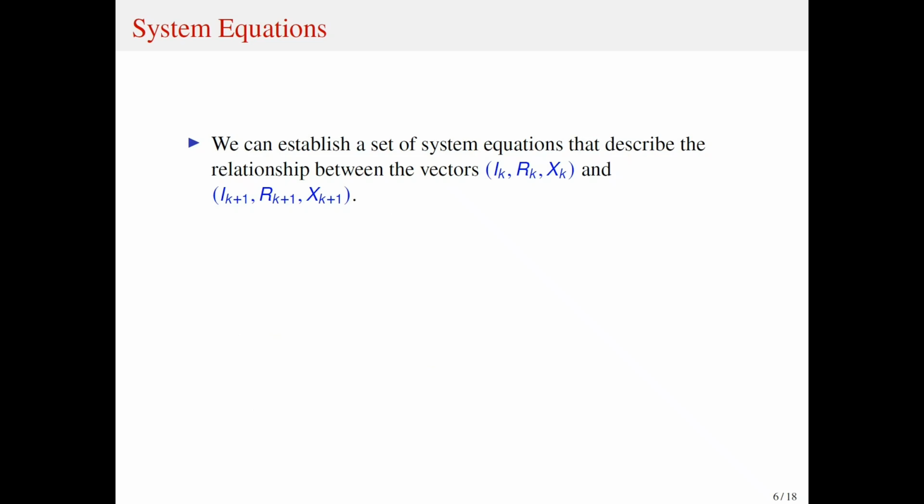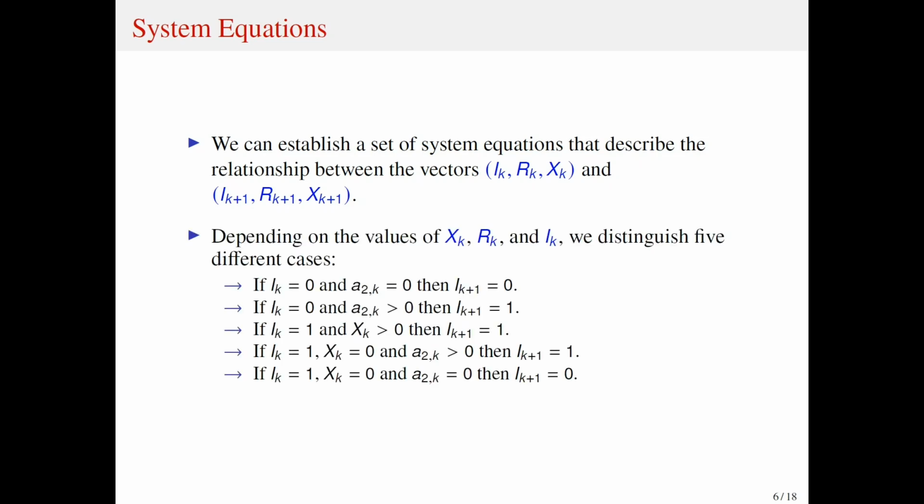So, we can establish a set of system equations that describe the relationship between the vector (i_k, r_k, x_k) and (i_k+1, r_k+1, x_k+1). Depending on the values of x_k, r_k, and i_k, we can distinguish 5 different cases.